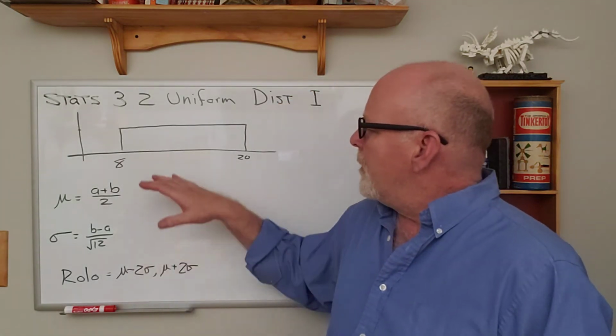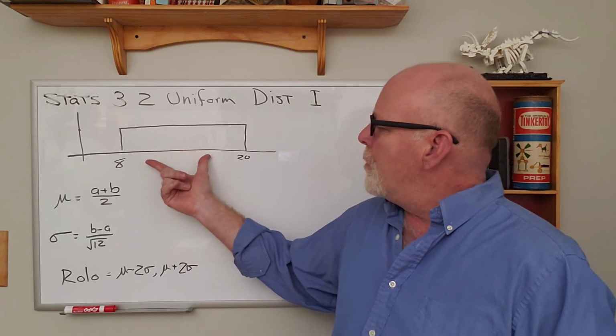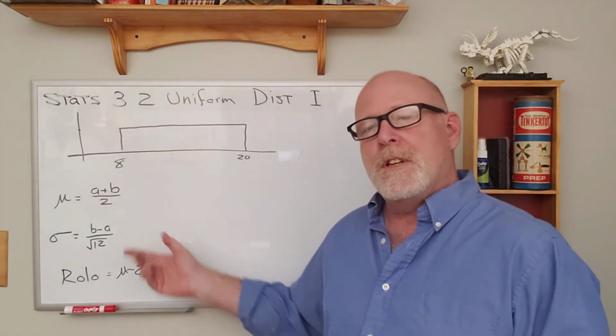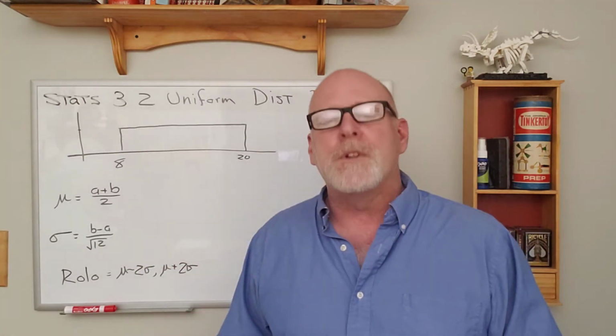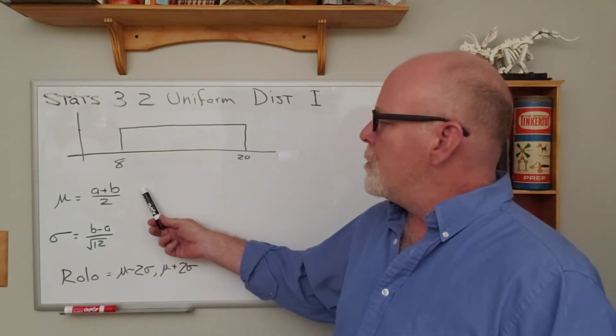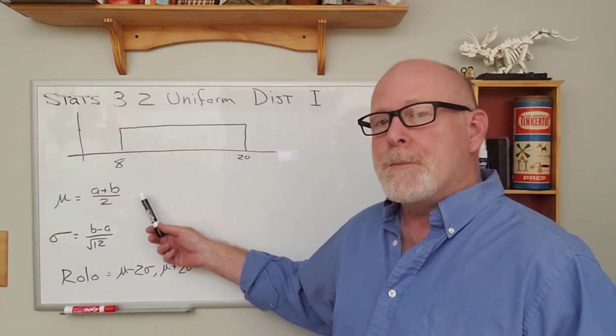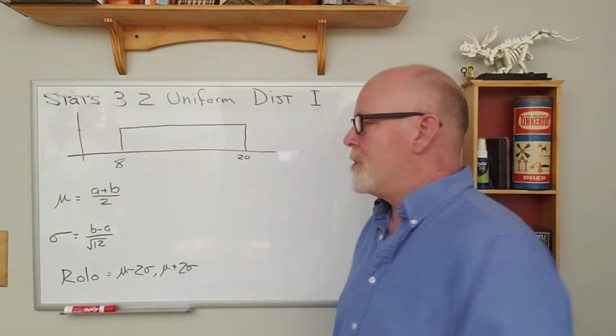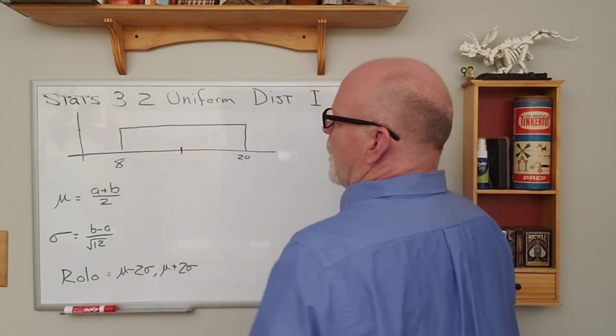What we want to talk about this time is how to find the mean of this distribution, the standard deviation of the distribution, and the range of likely outcomes, and we'll deal with probabilities in the next one. So the mean of this distribution, probably no surprise, mean is a measure of center, so it's going to be the number that's in the center of the distribution. It's going to be right here in the middle.